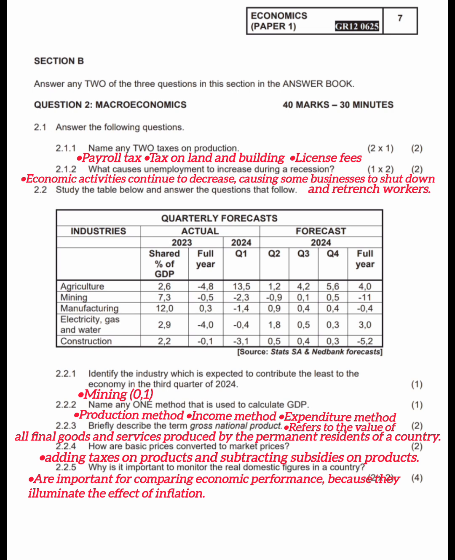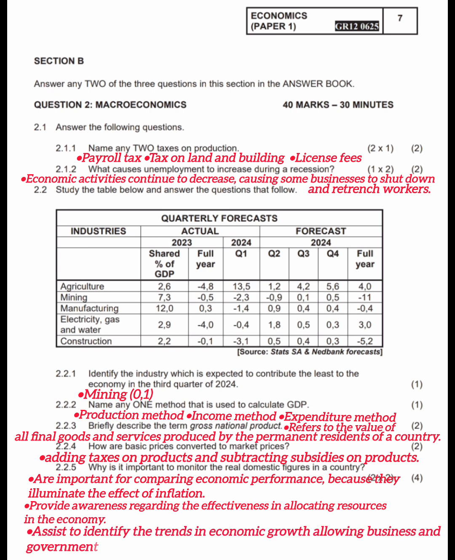And the other one, real GDP figures provide awareness regarding the effectiveness in allocating resources in the economy. And then the other one, we could say real GDP figures assist to identify the trends in economic growth, allowing businesses and government to anticipate potential recession or expansionary periods, right?